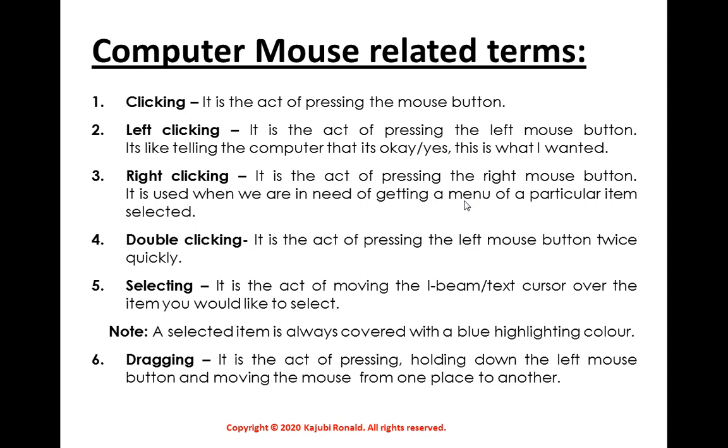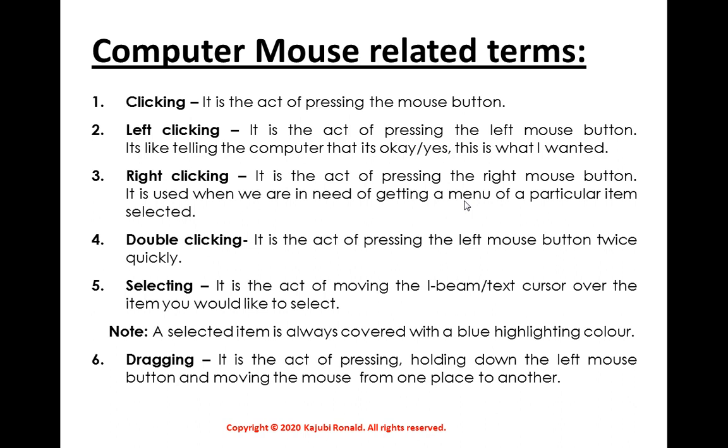So right clicking helps us to see additional options on a particular item we have right clicked on. So when you press the right button of the mouse, it means you have right clicked. Why do we right click? So as to get more details, more options about that particular area.